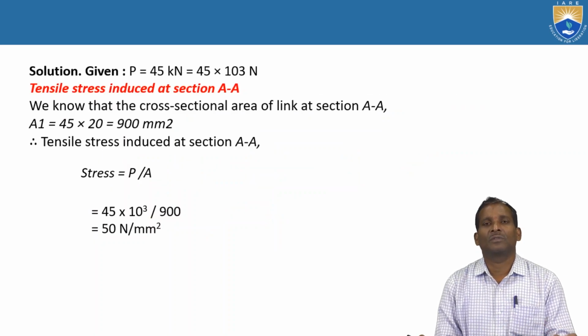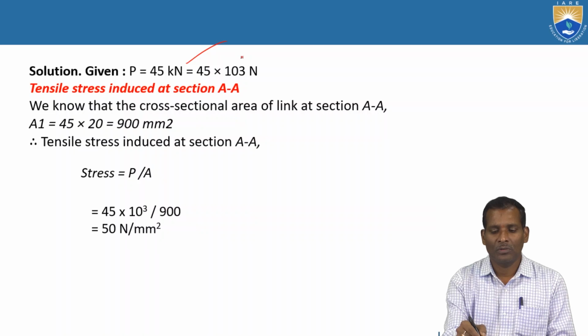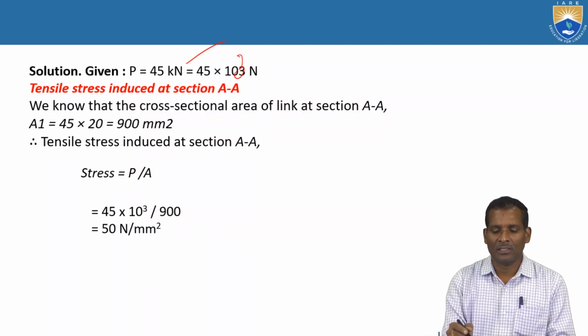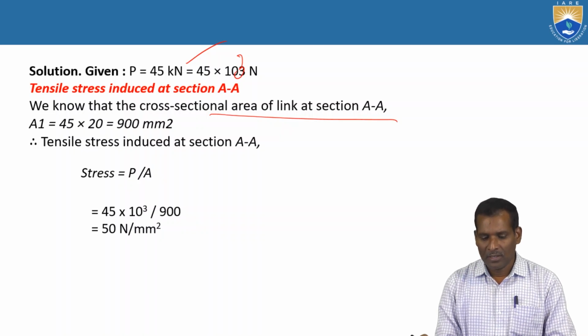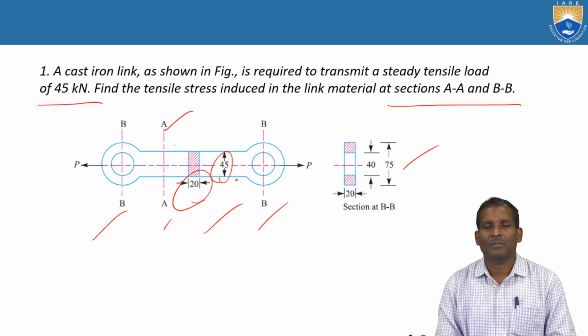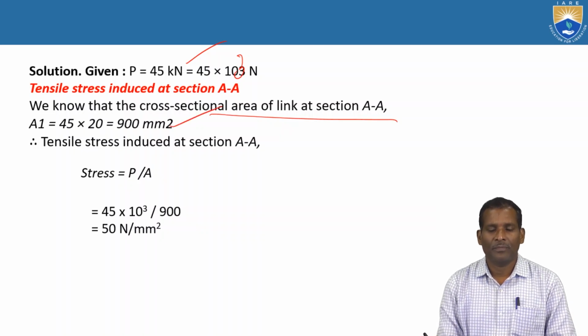Given values: P is 45 kilonewtons, convert into newtons, 45 into 10 cube. Tensile stress induced at section AA: we need the cross-sectional area of the link at section AA. Area is 45 into 20, length into width, 900 mm square.